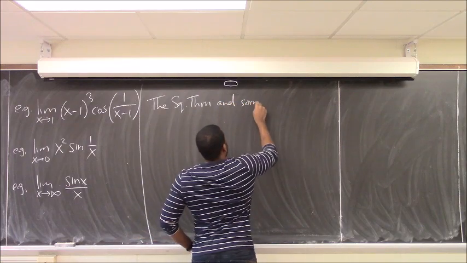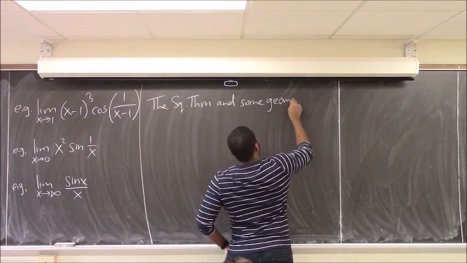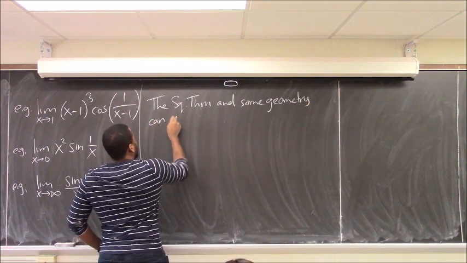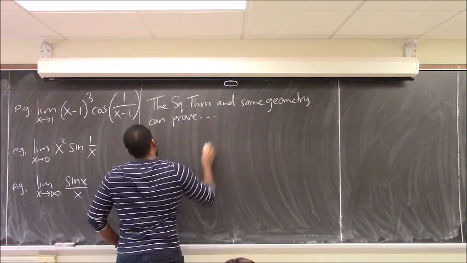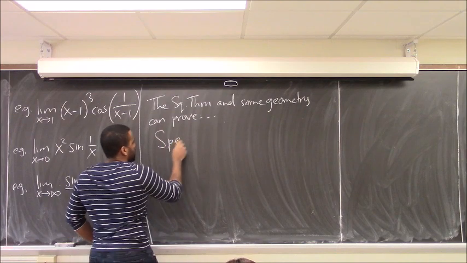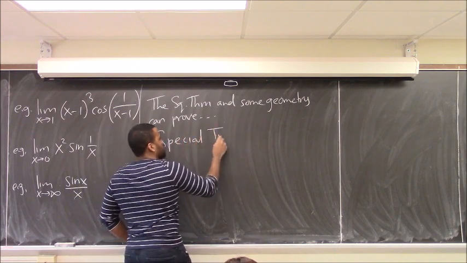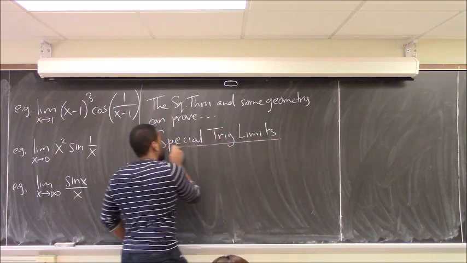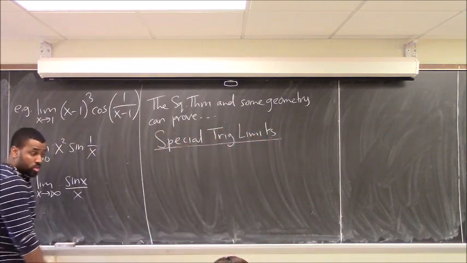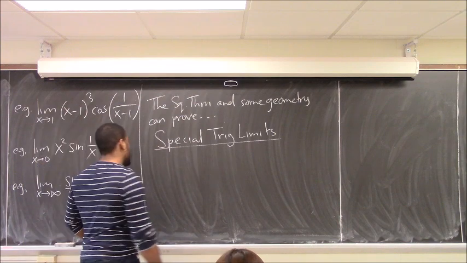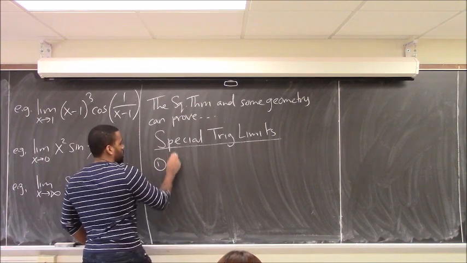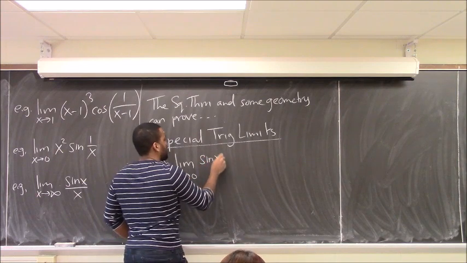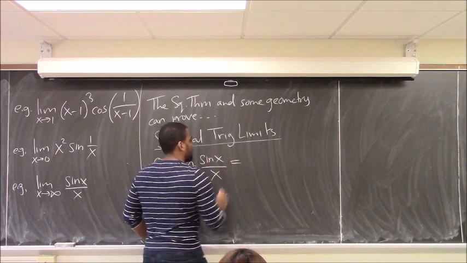The squeeze theorem and some geometry can prove these things that I'm going to dub the special trig limits. You don't need to know the proofs. You can read them in the textbook if you're interested. But the first one is the fact that the limit as x approaches 0 of sine x over x is what?